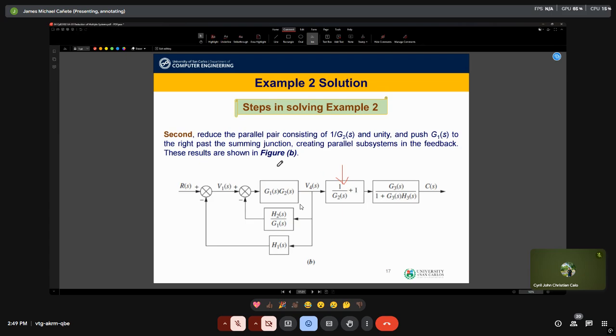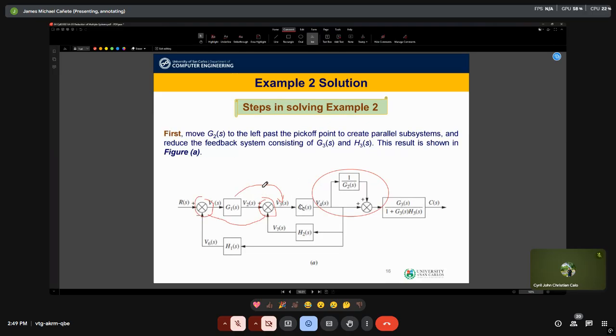Yung second simplification was katong gi-move to the right and gi-cascade. Two components, no? Sa operation, two results or two consequences of operation. So when we move G1 to the right, it copies output and inverse input branch.